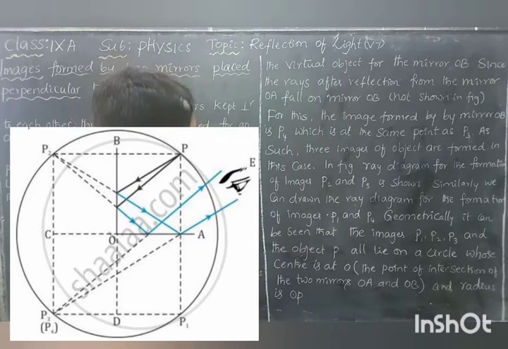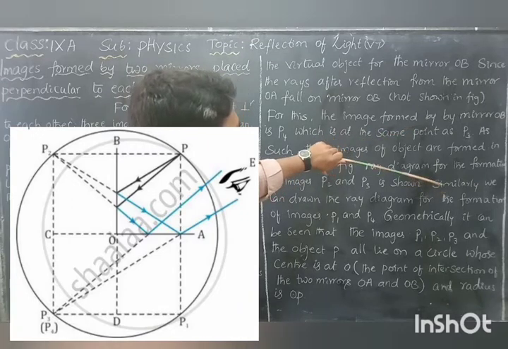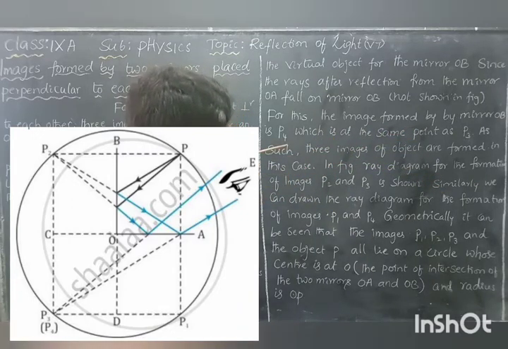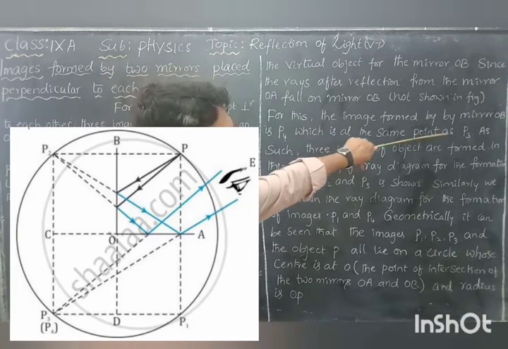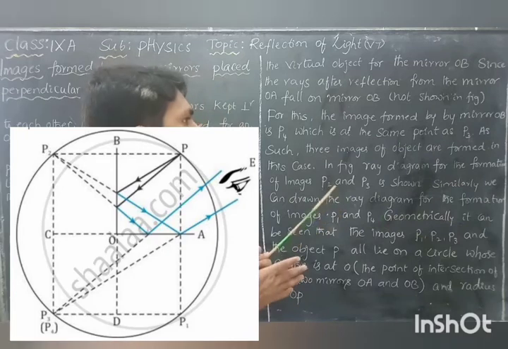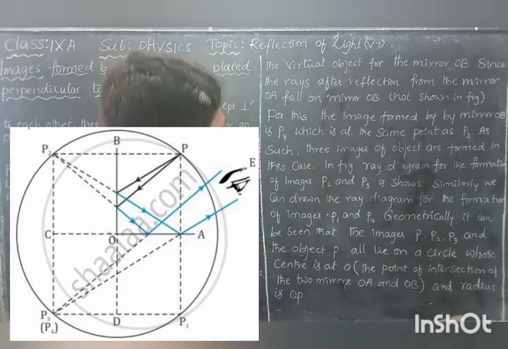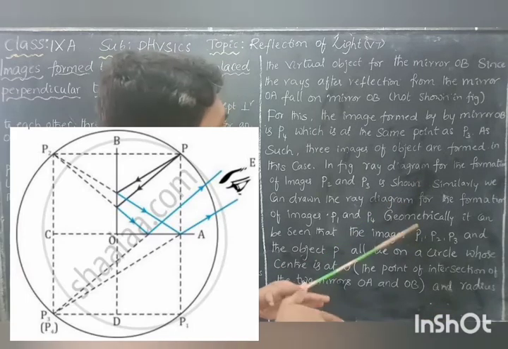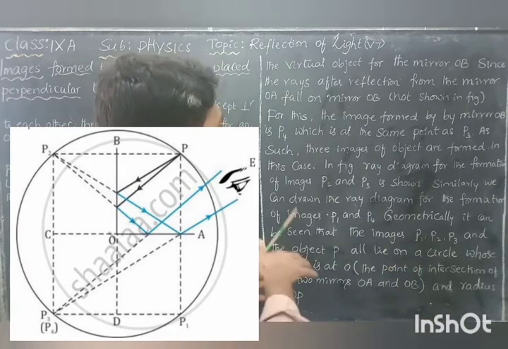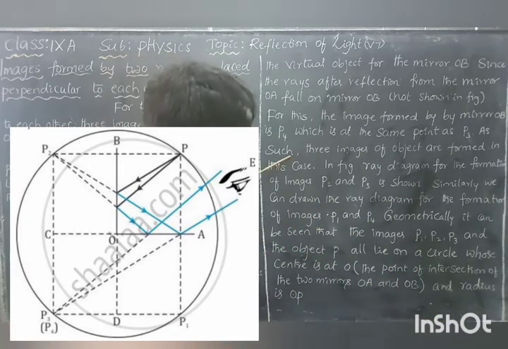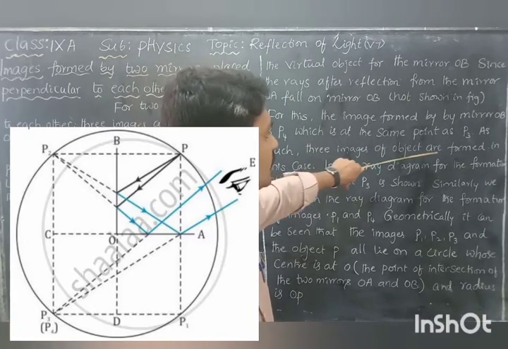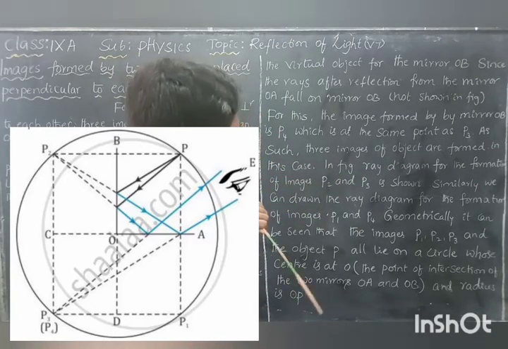The image formed by the plane mirror OB is P4, which is at the same point as P3. P4 coincides with P3, so it looks like three images P1, P2, P3. Such three images of the object are formed in this case.